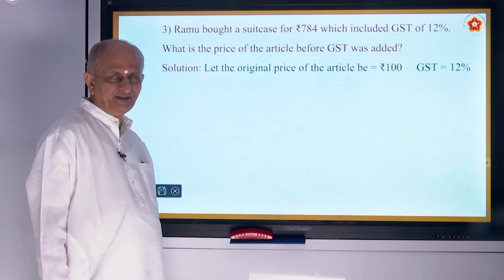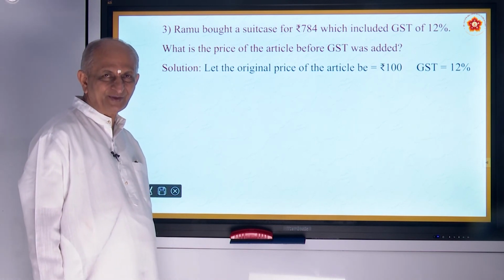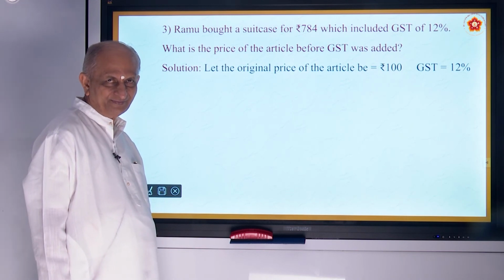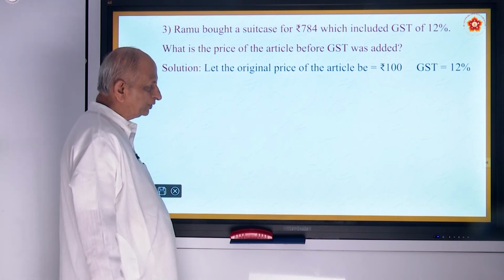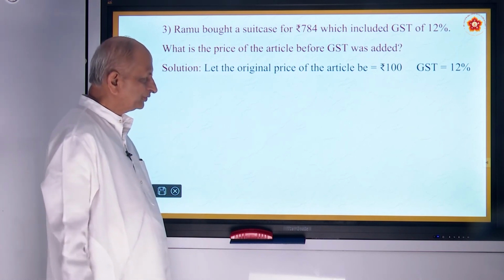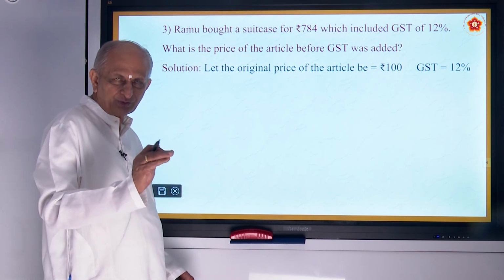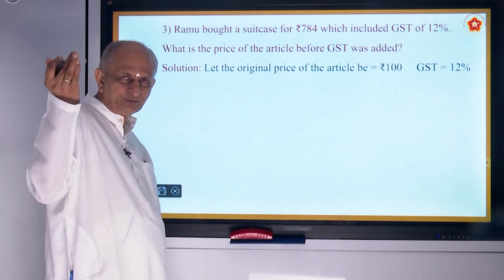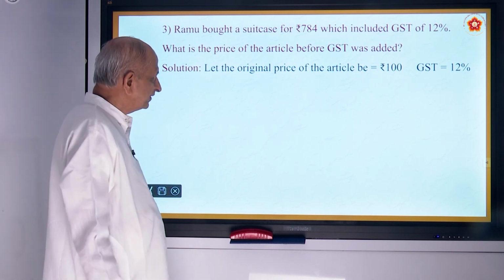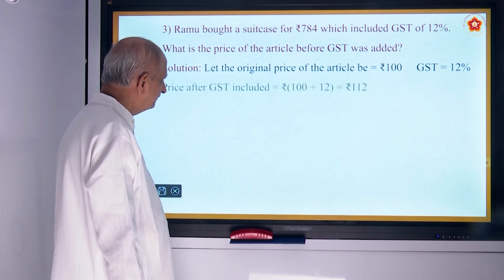What is GST? Goods and Services Tax. That will go to the government. Both governments will share it: some goes to the state government, some to the central government. There is some agreement about that.